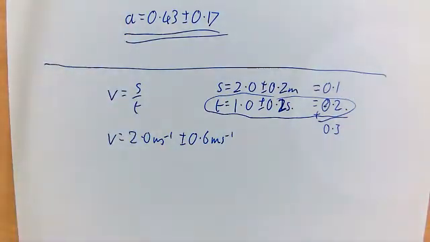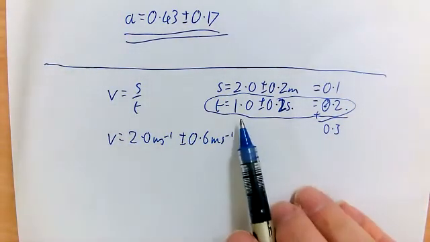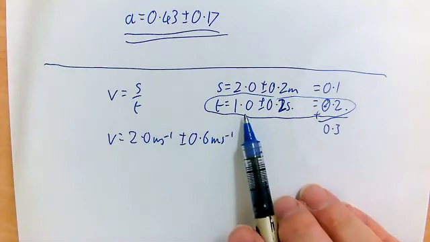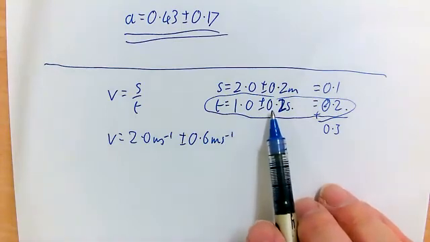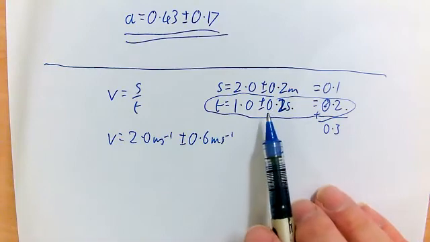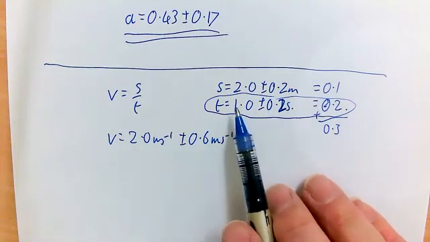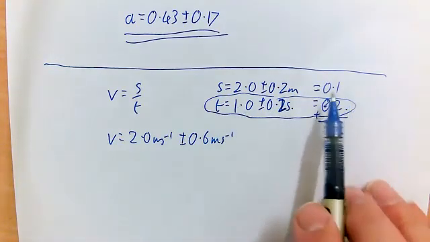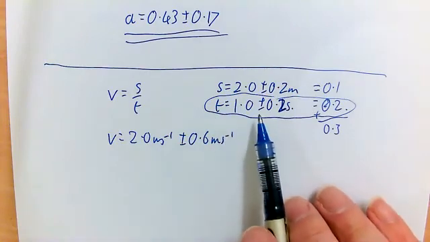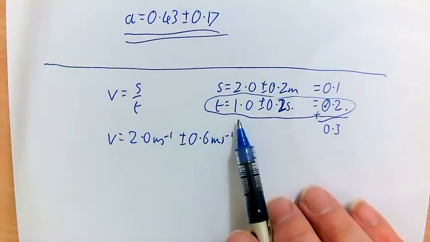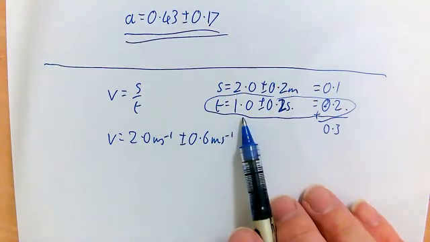So if you're looking to improve an experiment, what you're looking for really is a way of reducing your biggest percentage uncertainty, okay? The only difference occurs if that uncertainty is in the measuring apparatus, then obviously you want to go for something a bit more sensitive or a bit more precise.